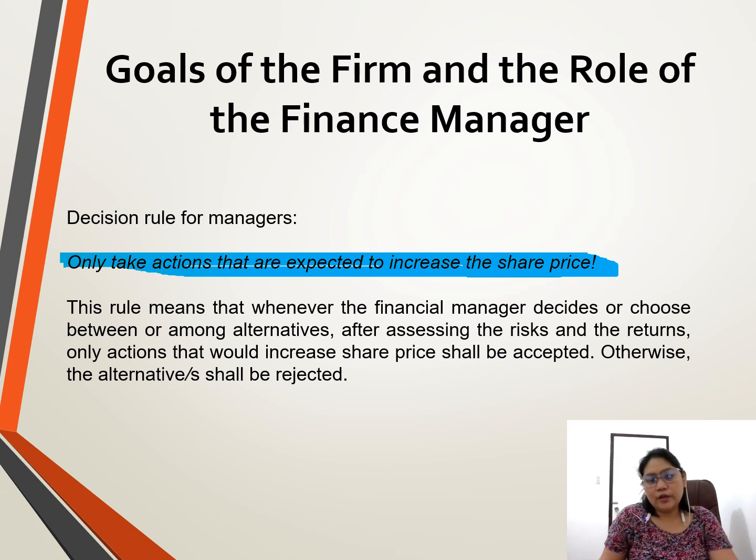This rule means that whenever the financial manager decides or chooses between or among alternatives, after assessing the risk and the returns, only actions that would increase the share price shall be accepted. Otherwise, the alternative shall be rejected. So parang napakadali lang sabihin, na dapat daw ang tatanggapin lang na alternative ay yung magpapataas sa value ng share price. At pag hindi siya magpapataas, anong dapat gawin? I-reject na siya.